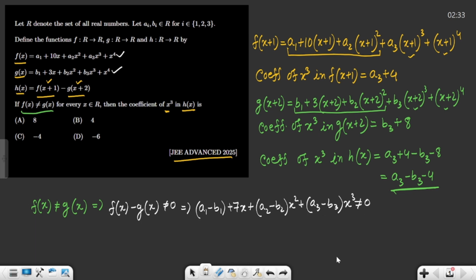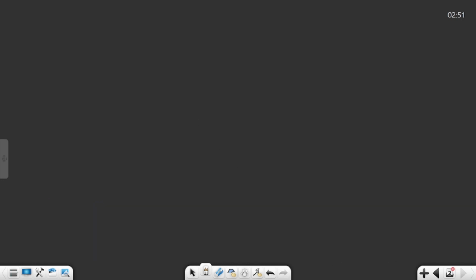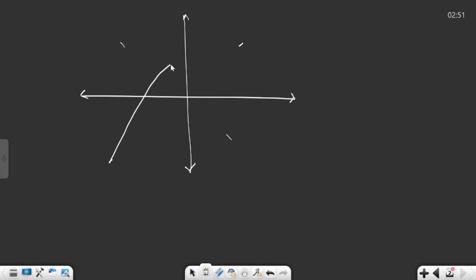Now, if I draw the graph of any odd degree equation or function, you know that the graph goes from this quadrant to the completely opposite quadrant, or from this quadrant to the completely opposite quadrant, right? So to go from this to this, the graph should cut the x-axis at least one time.